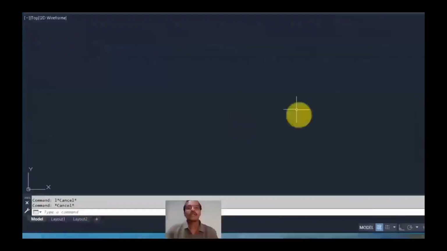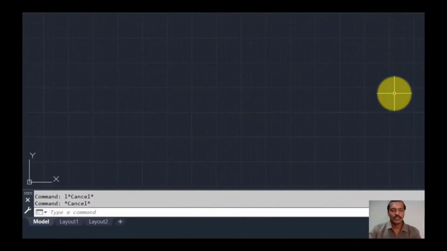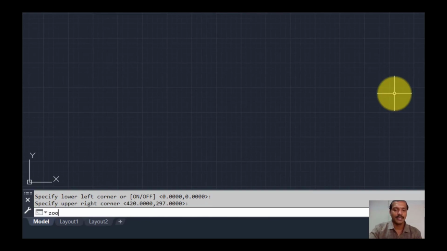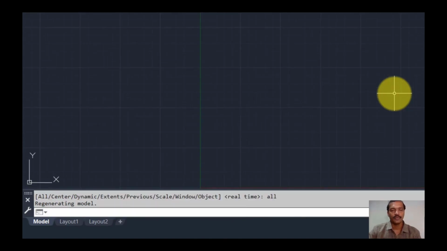That's all. Now I open AutoCAD. As usual, first we have to set the limits: lower left corner 0, 0, upper right corner 420, 297. Already I have 420, 297, so no need to change anything. Just press enter, then immediately give zoom all. Now, as usual, first let me try using the absolute method.